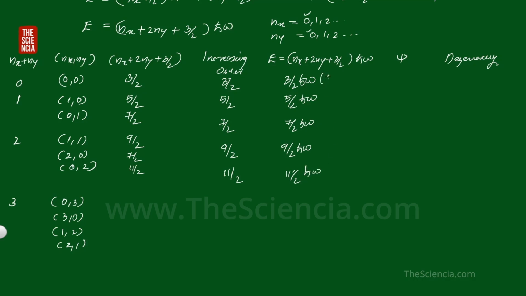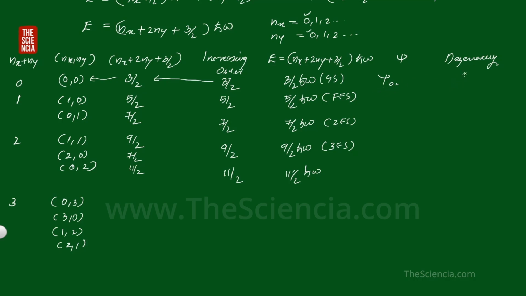So this is the ground state. This is the energy of the first excited state. This is the energy of the second excited state. This is the energy of the third excited state, and so on. So the energy 3 by 2 corresponds to only one state, that is psi 0 0.